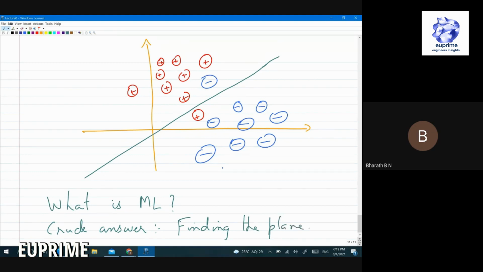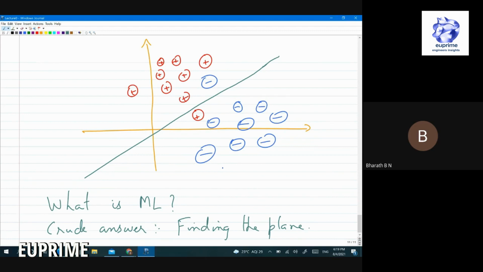Before that, I need to know what the equation of a plane is. Can somebody tell me the equation of a plane or a line? Line is mx plus c, of course, everybody knows. What is the equation of a plane? It's something like ax plus by plus cz equal to something. In general, I can write a, b, c as a vector and x, y, z as a vector.